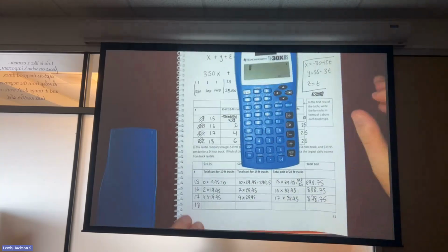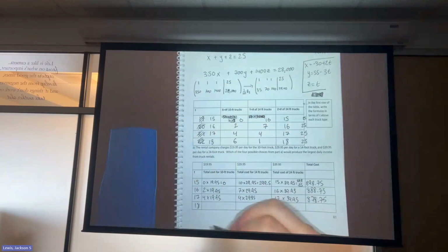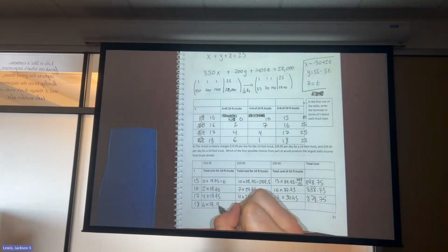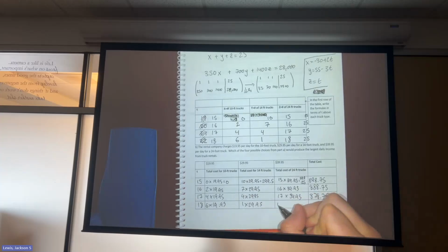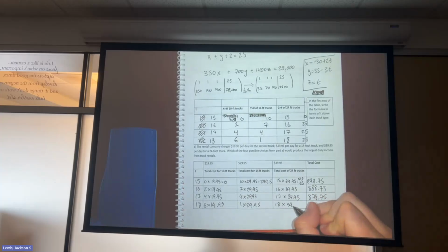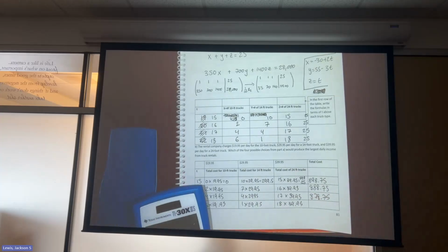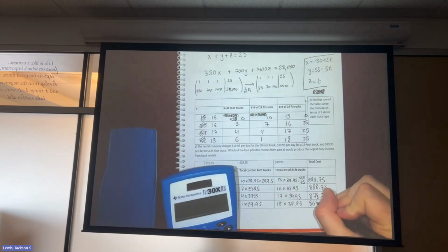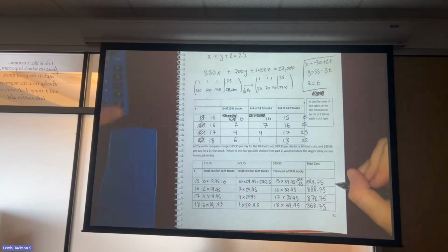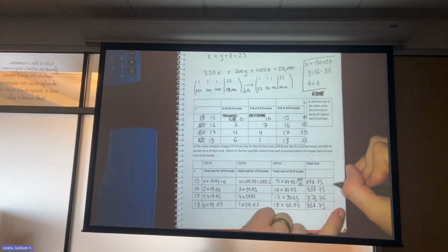By the look of things, the next one's probably going to be 868.95. So 6 times 19.95, 1 times 29.95, 18 times 39.95, and put that in my calculator. 6 times 19.95 plus 29.95 plus 39.95 times 18, and there we go, 868.75. So this first option is the most expensive.